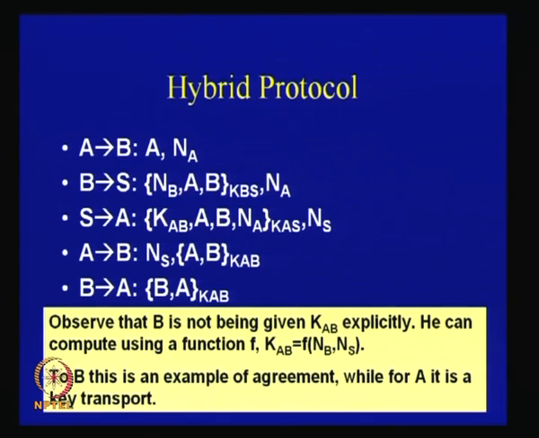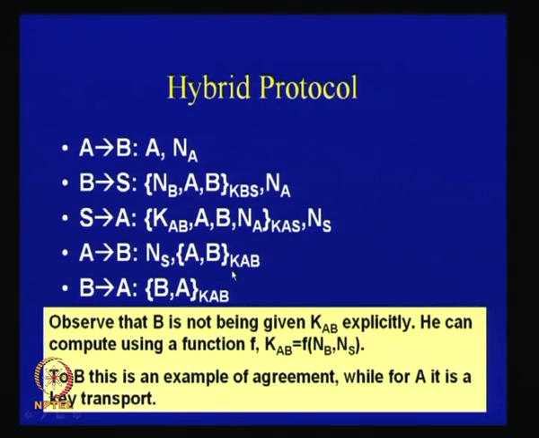Note that the other thing which has been sent is this value of NS, a fresh number generated by the server. Now what A sends to B is this NS, along with A and B, which has now been encrypted by KAB.